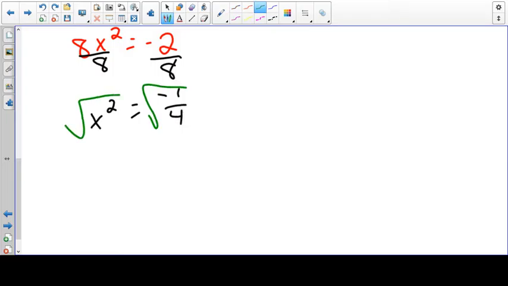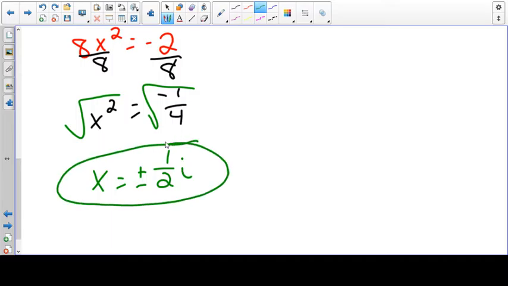Take the square root of both. The square root of 1 is 1. The square root of 4 is 2. And then the square root of that negative sign is i. So in this case, you can have fractions.